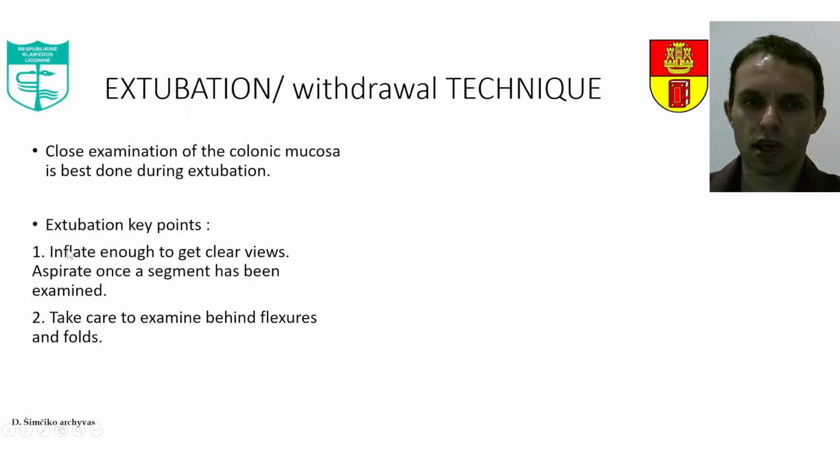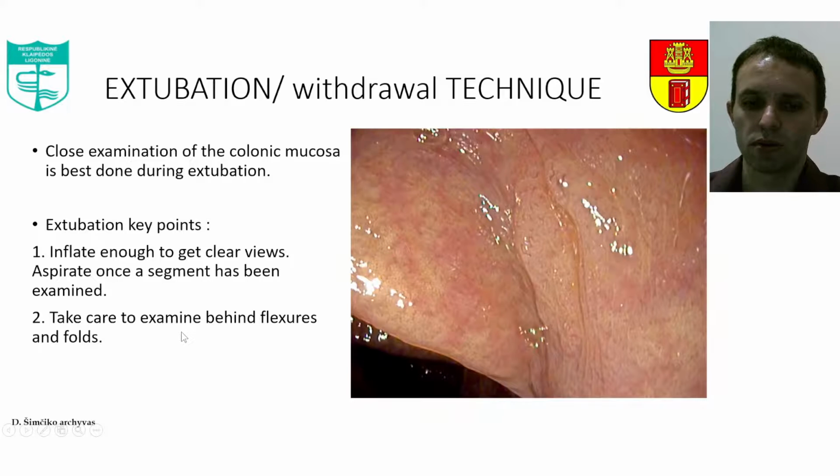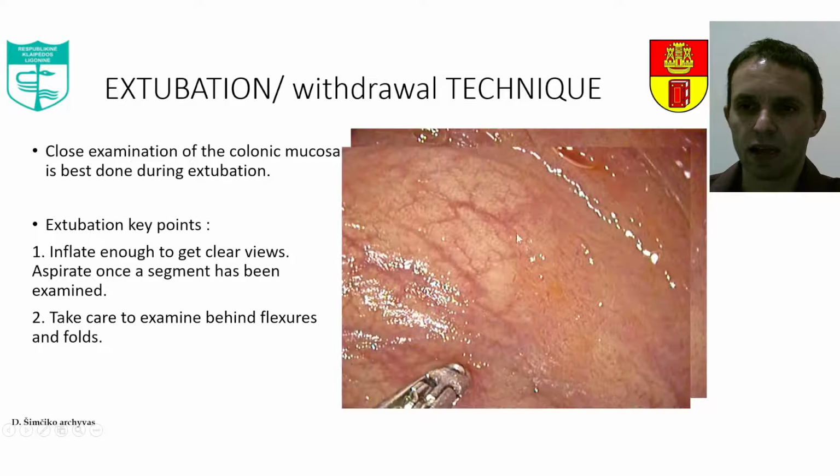Extubation key points are: inflate enough to get clear views, aspirate once a segment has been examined, and take care to examine behind flexures and folds. Care should be taken to examine very carefully because it is so easy to miss such flat lesions.